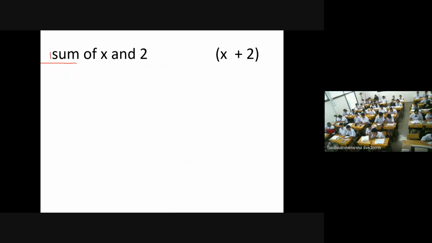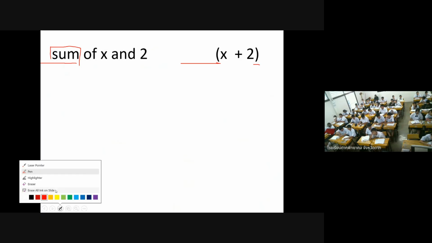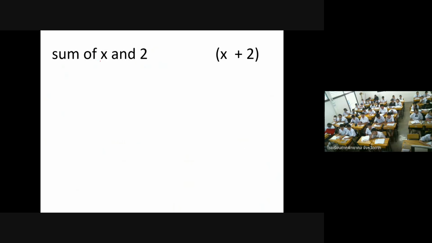Remember, it's inside the parentheses. Since sum means plus, that would be X plus 2. Make sure you know this.